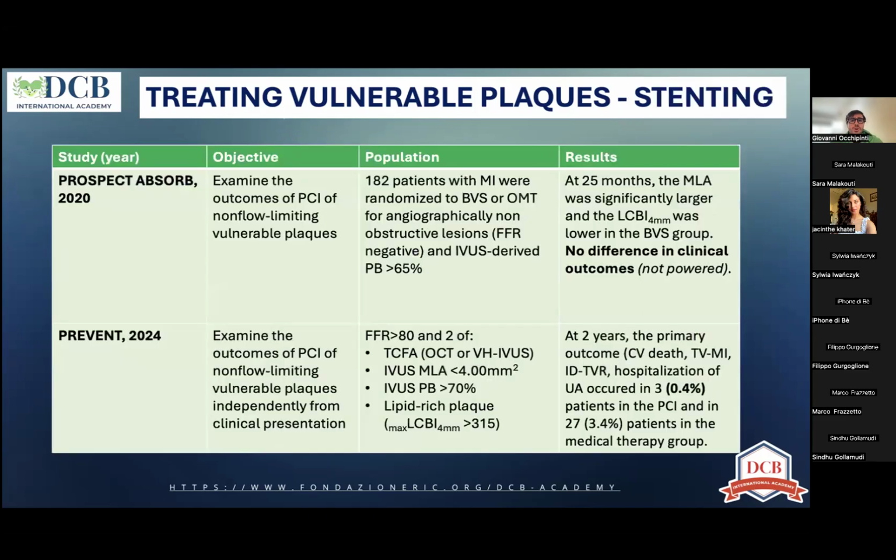When we go to treating vulnerable plaque with stenting, a few studies like the PROSPECT-ABSORB and the PREVENT have shown that treating the vulnerable plaque locally may result in a reduction of hard endpoints, but those results are not generalizable.